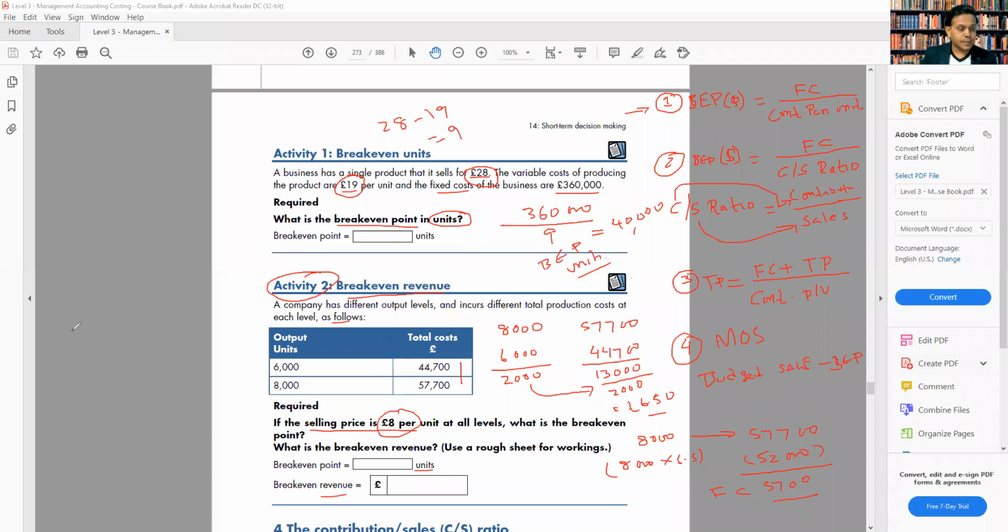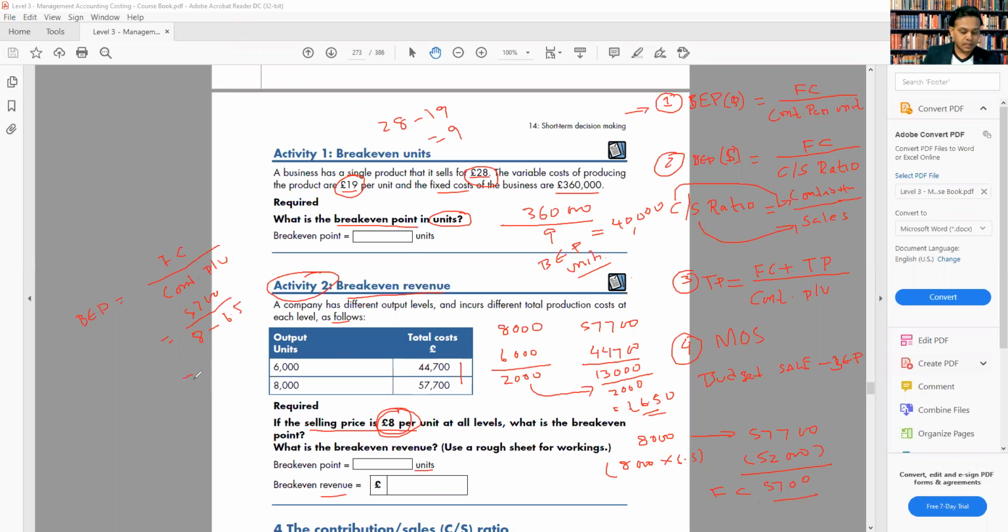So let's do the BEP unit first. So fixed cost and contribution per unit. So the fixed cost is 5,700 and the contribution per unit. So 8 is the selling price. 8 minus 6.5 is the variable cost per unit.